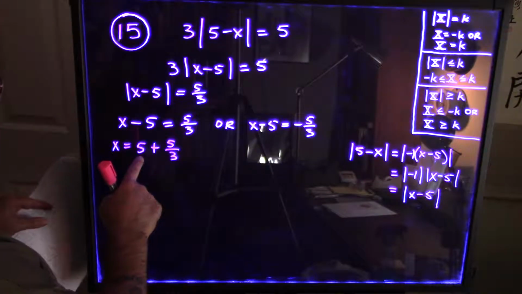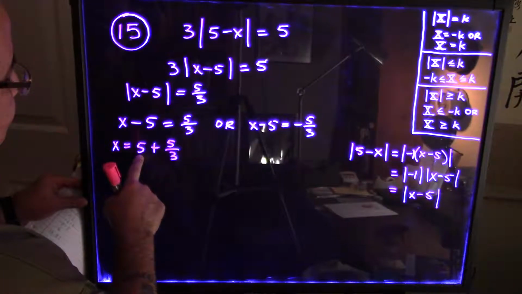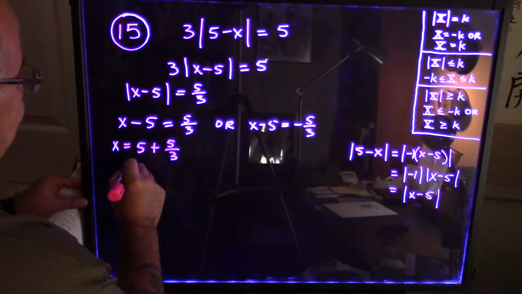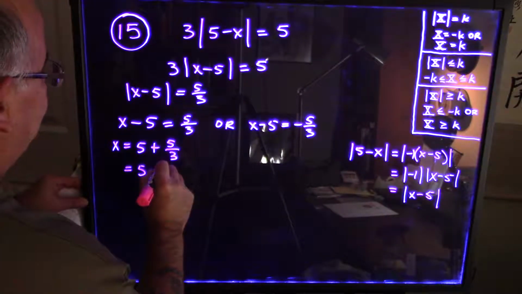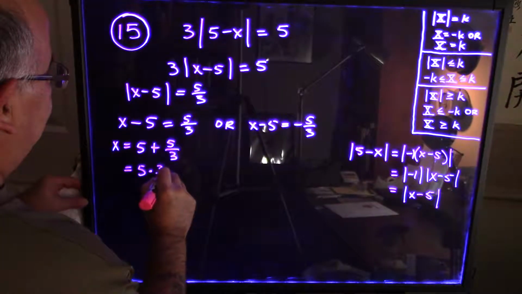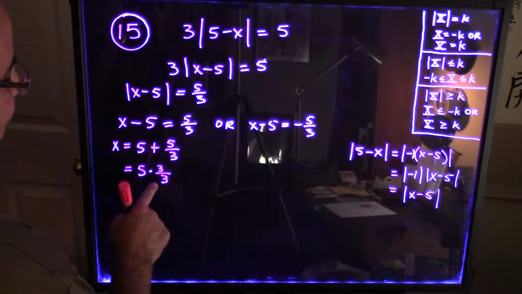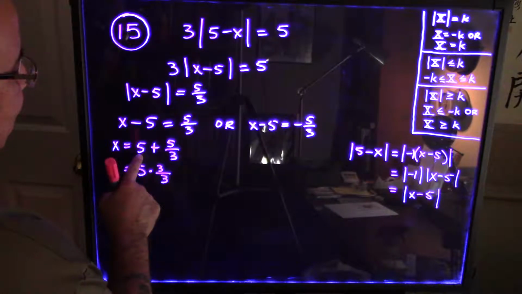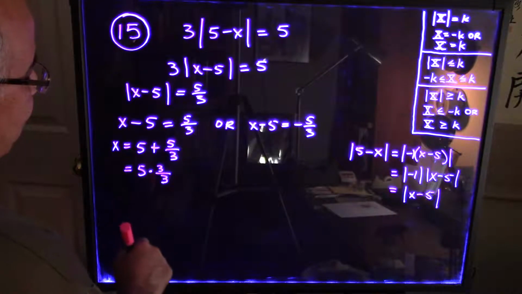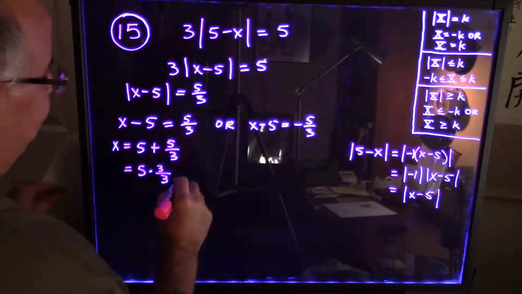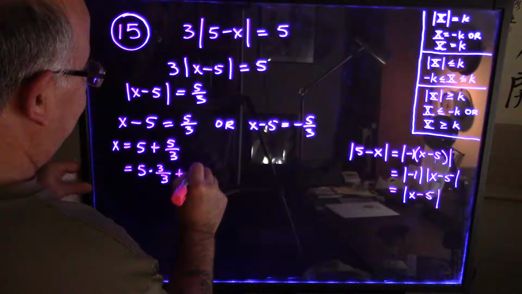Now before I can add these, I need a common denominator, which would be 3. So multiply 5 by 1, but I'm going to make that 1 equal to 3/3. You're multiplying by 1 because you don't want to change the value of this, but you do want to give it a common denominator.